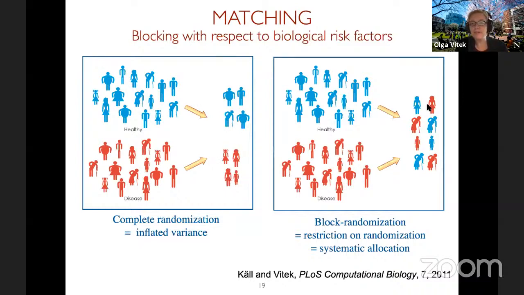So blocking will make sure that we have the same number of younger females, the same number of older females, the same number of younger males included in the study. And so blocking just at the experimental design stage will eliminate the bias. Accounting for this in the analysis also helps reduce inefficiency.